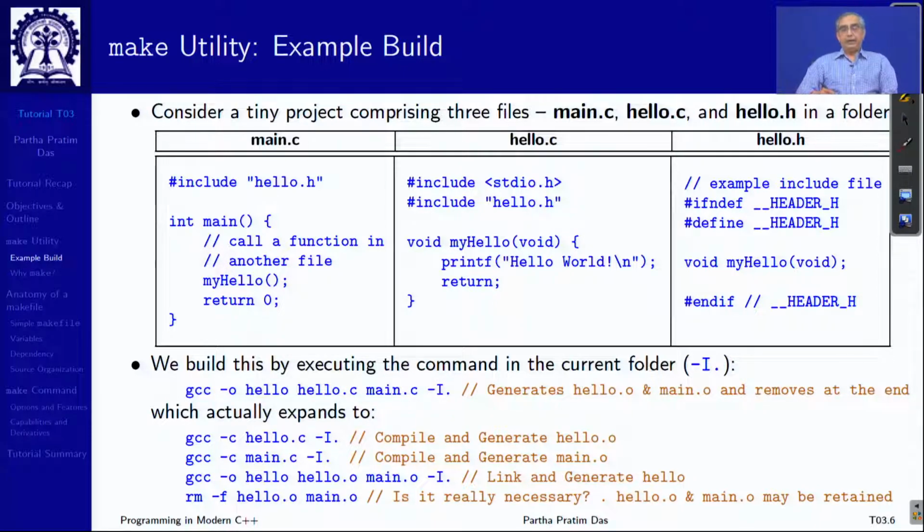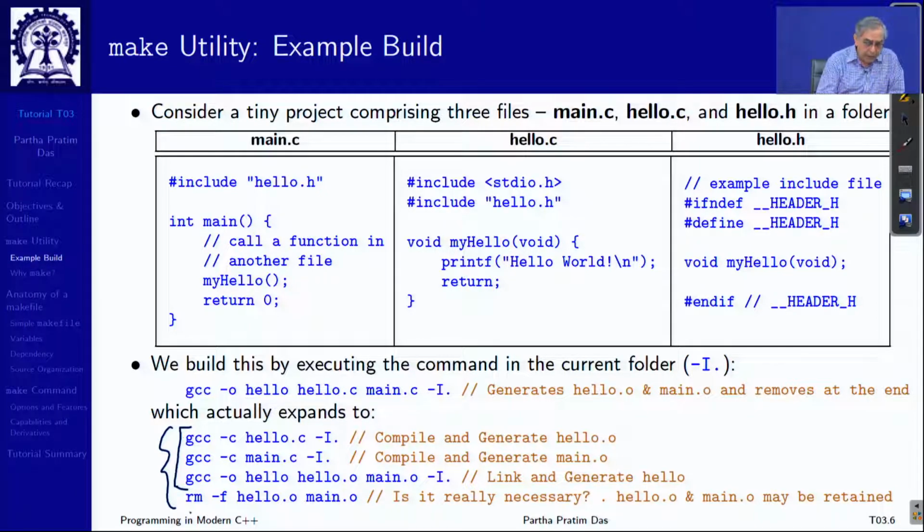Now, when we do this command, actually what happens are these, or rather I should mark only the first three: it builds hello.c, creates hello.o, builds main.c, creates main.o, and then links hello.o and main.o to build the final executable hello.